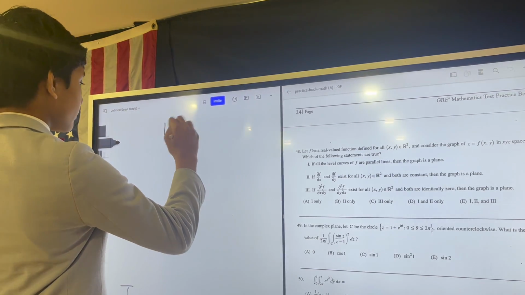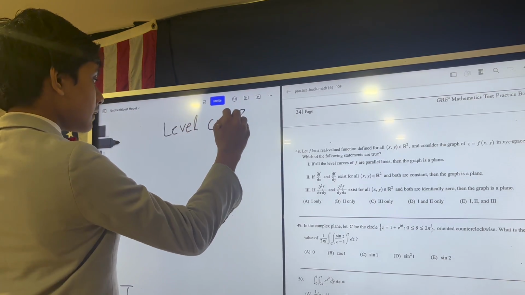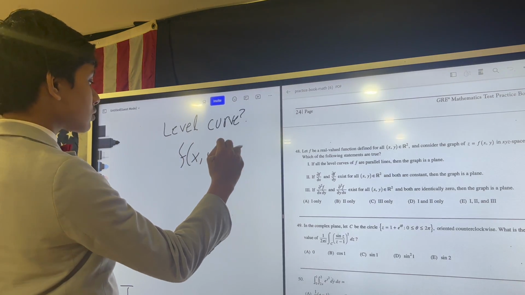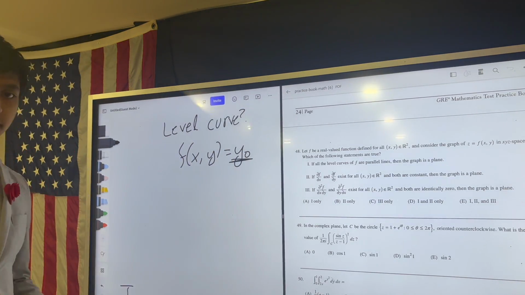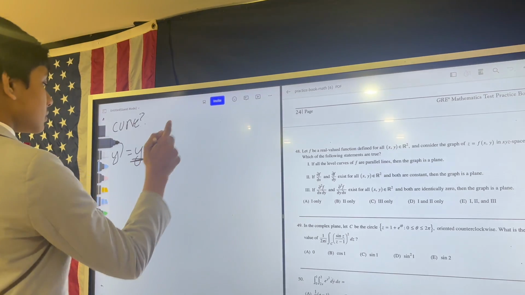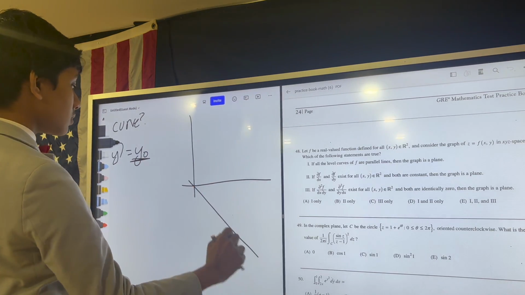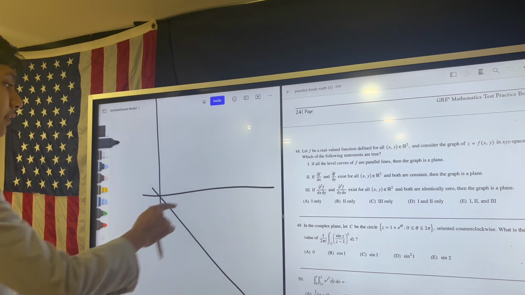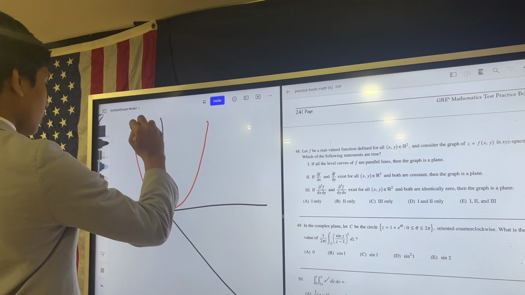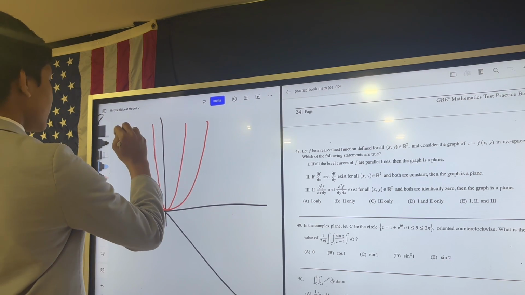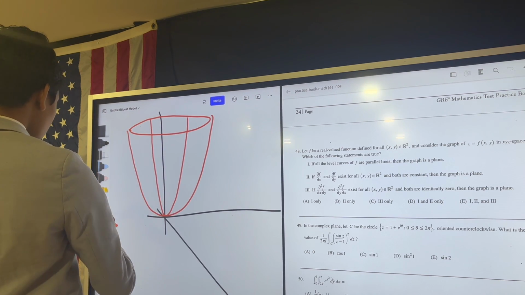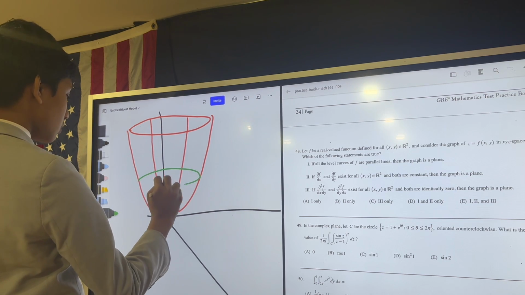What is a level curve? Well, it's a curve that is the solution to f of x comma y is equal to y naught for some constant y naught. So, what does that mean? Well, if we have, for example, this paraboloid surface, then the level curves will each look like a circle.